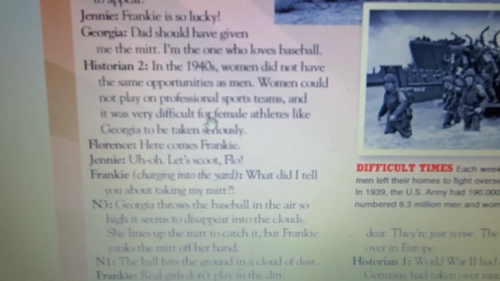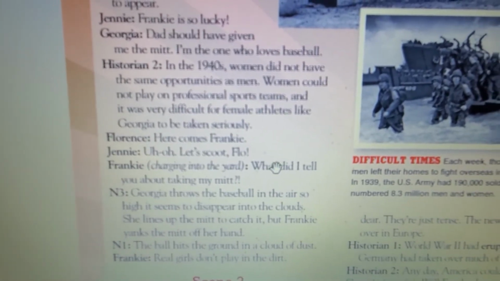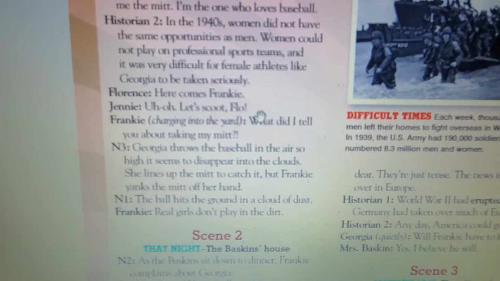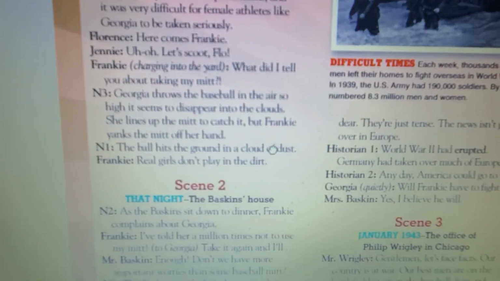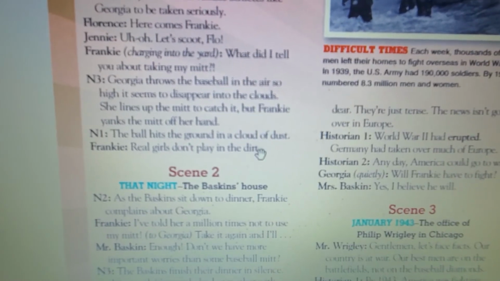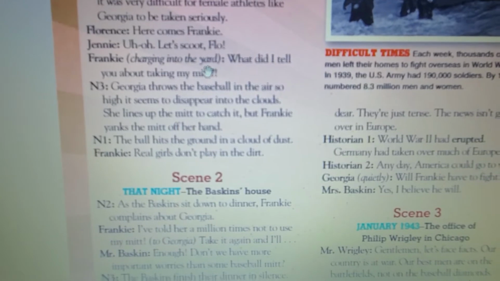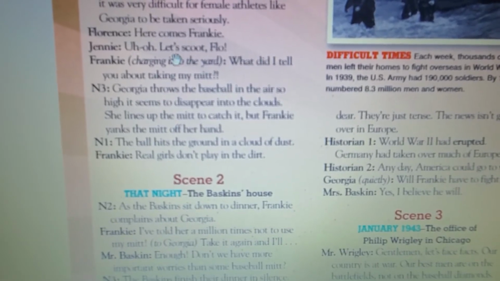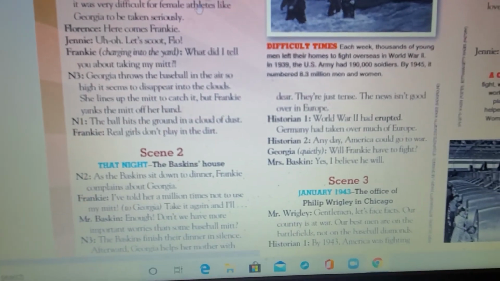Women could not play on professional sports teams, and it was very difficult for female athletes like Georgia to be taken seriously. So that's something else I want to say, because in the story, her dad and her brother do not take her seriously. That's why the dad gets upset and the brother gets upset when he finds out that Georgia has her Joe DiMaggio mitt.